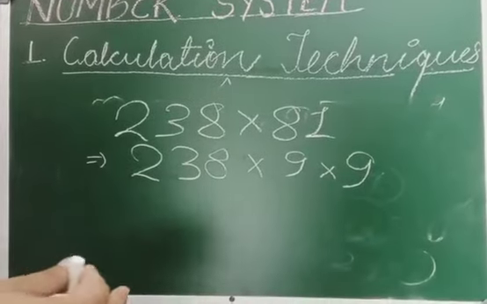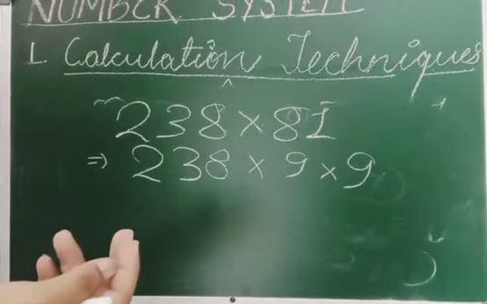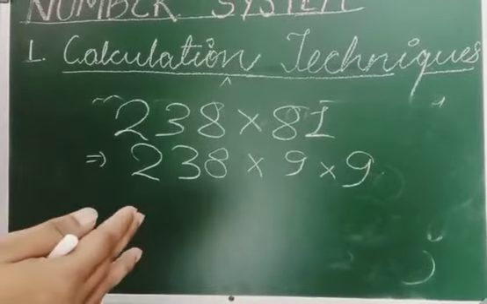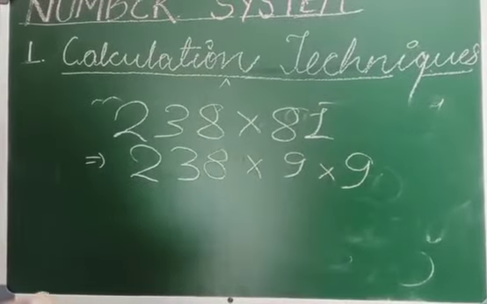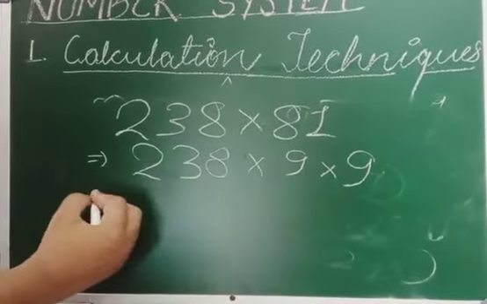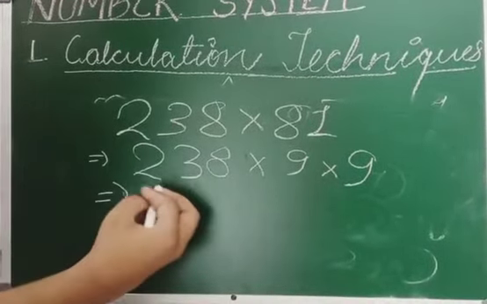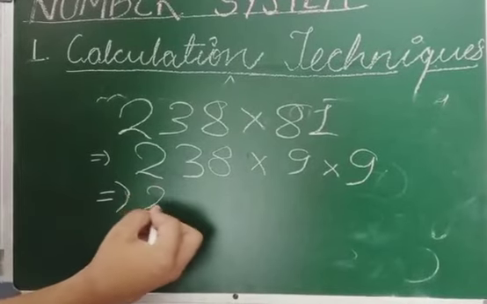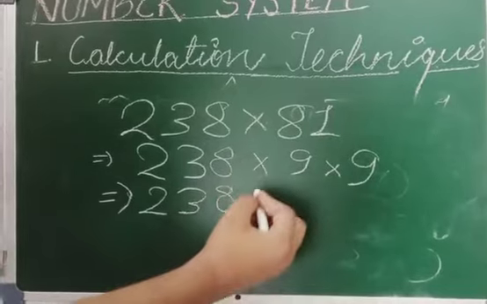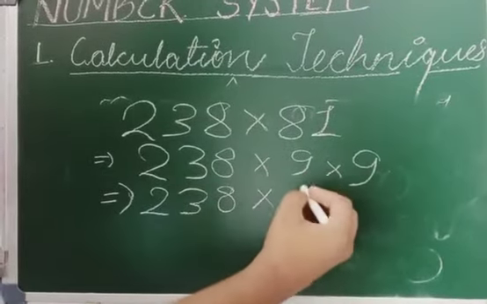Now what we will do is subtract 1 from 10, as we have done in the previous question, but this time we have to do this twice.